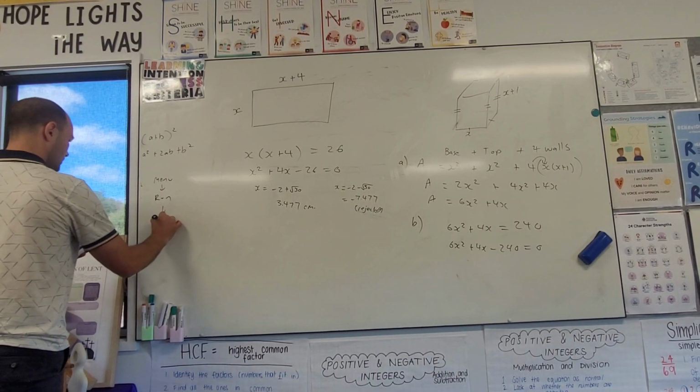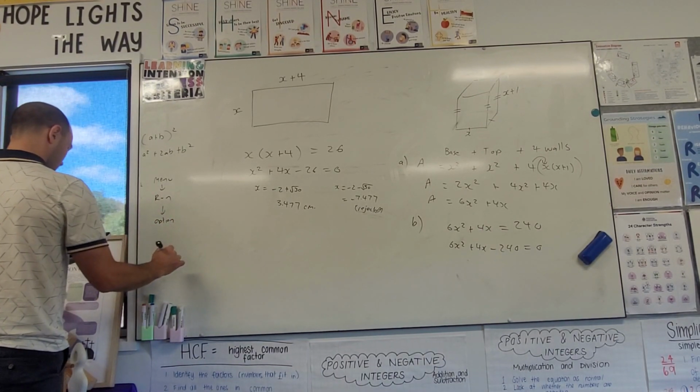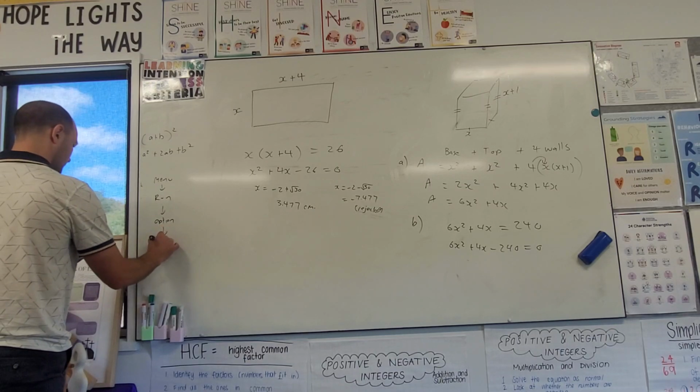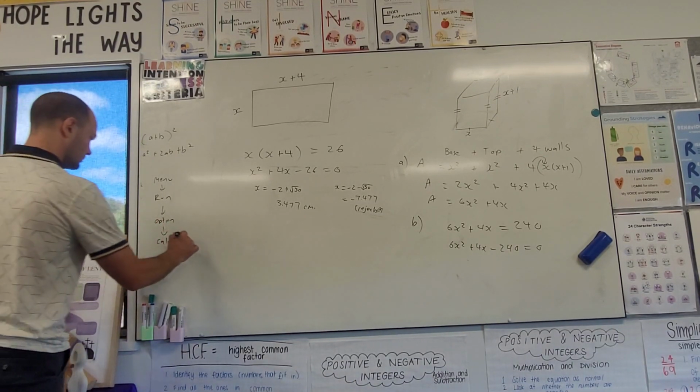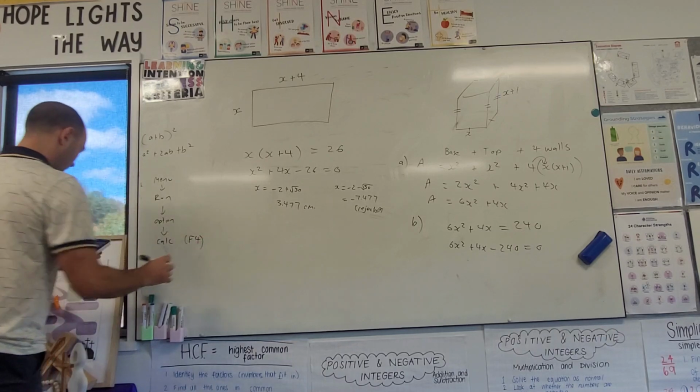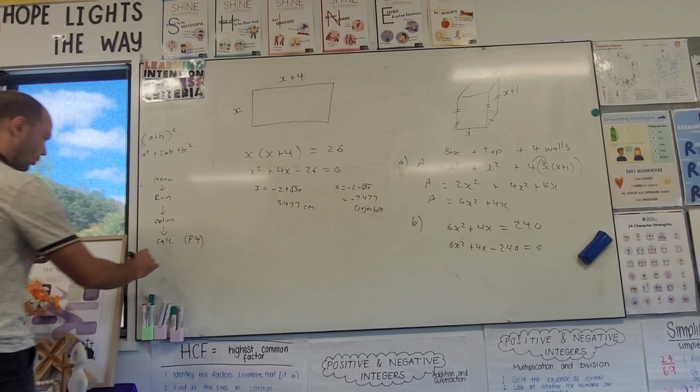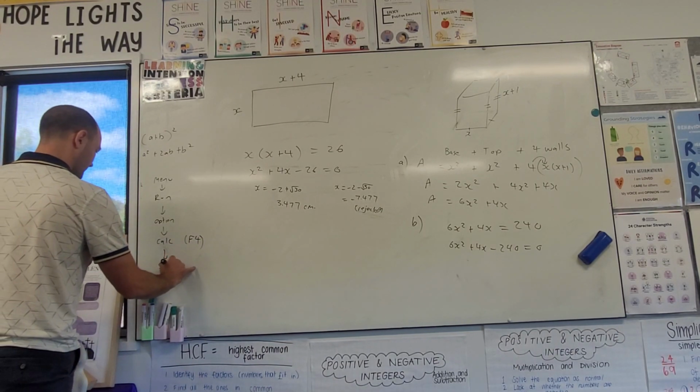We'll press Option, then Calc. Option is below F2. Calc corresponds with F4. And then we press Solve N, which corresponds with F5.